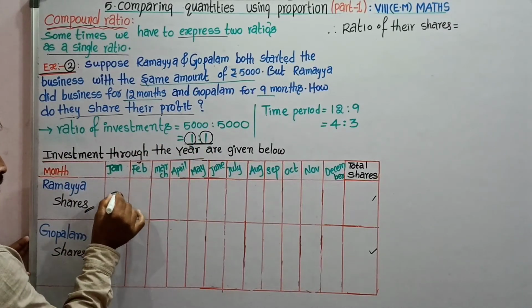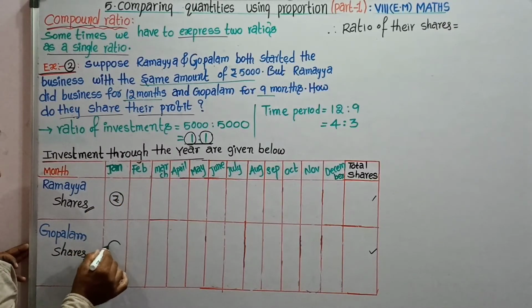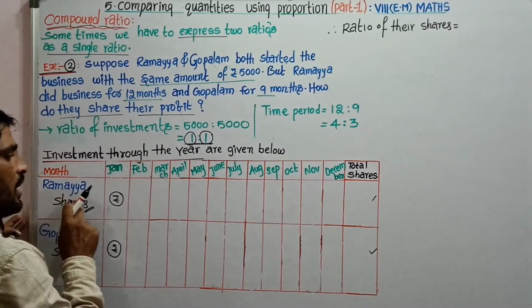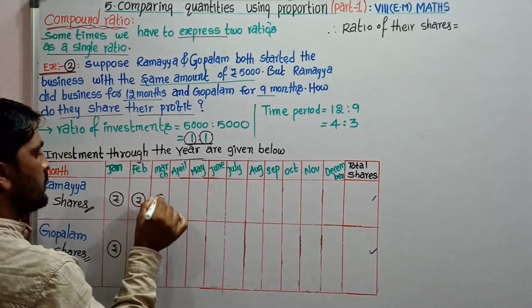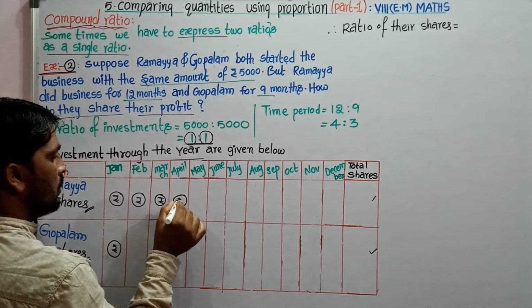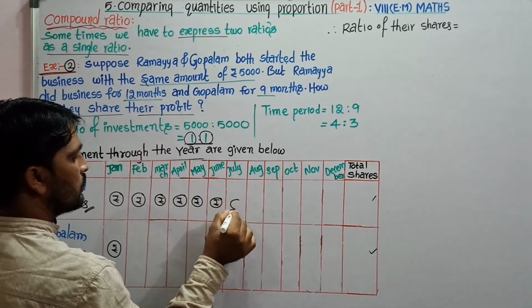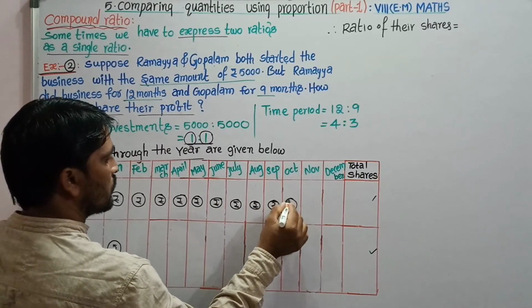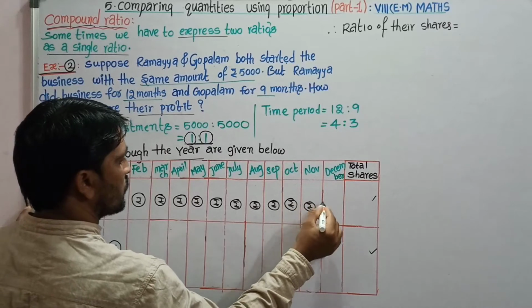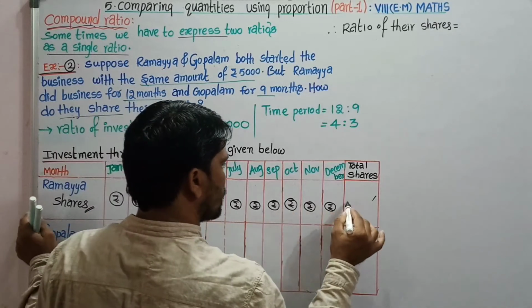But Ramaya invested throughout the year, that is 12 months. So, total share of Ramaya is 12.